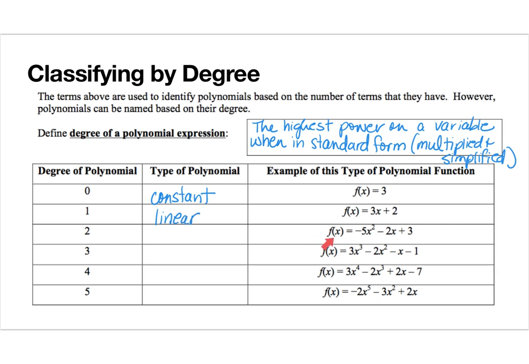We just finished a study all about this type. The highest power on my variable is 2, and this is called a quadratic. The next type has the highest power of 3, and that's called a cubic. In this one, the highest power is 4, degree 4. This is a quartic. And in the last one, the degree is 5. We call that a quintic.